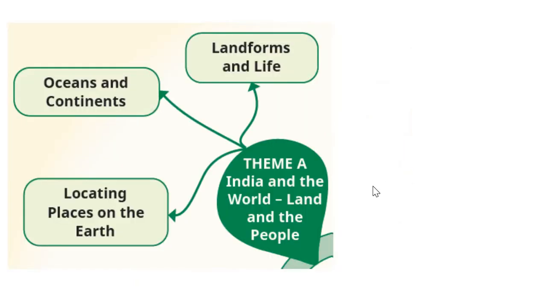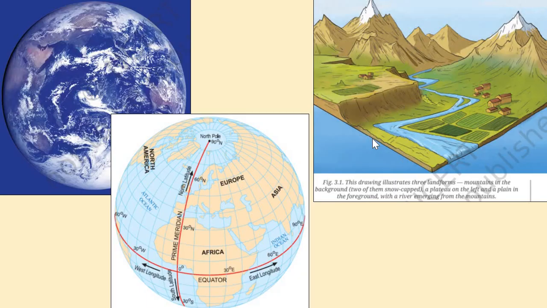The first is theme A, India and the world, land and the people. Here basically we will talk about landforms and life, oceans and continents, locating places on the earth, human life, plant and animal life, and maps, latitude, longitude.